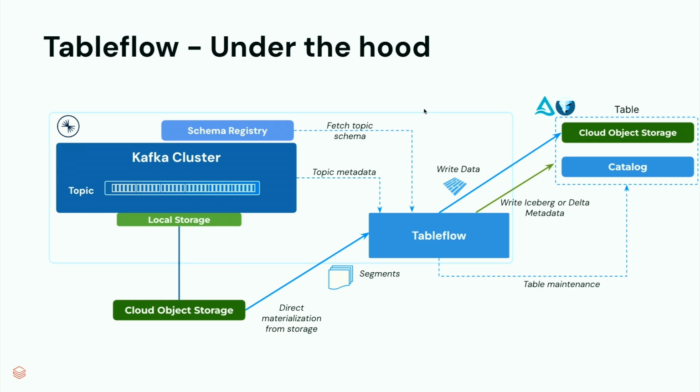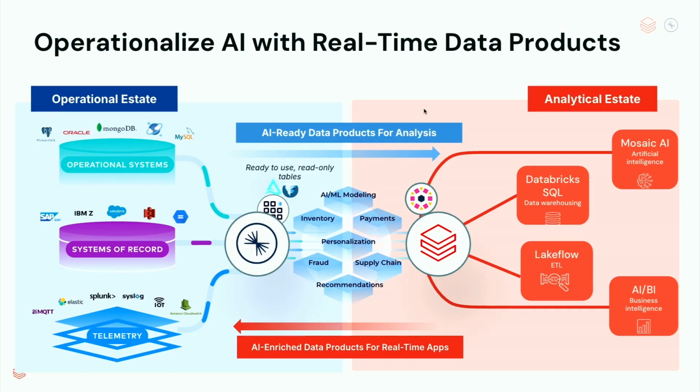All right, so now with Tableflow, you can expose all your data streams available in Confluent Cloud directly to Databricks because we automatically publish these tables as Delta Lake tables and publish these tables directly to Unity Catalog so that you can pretty much use all the Databricks analytics services and generate insights from your data and feed all the AI models that you have.